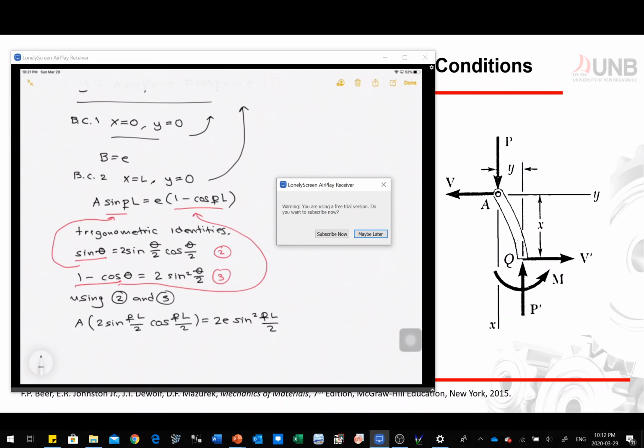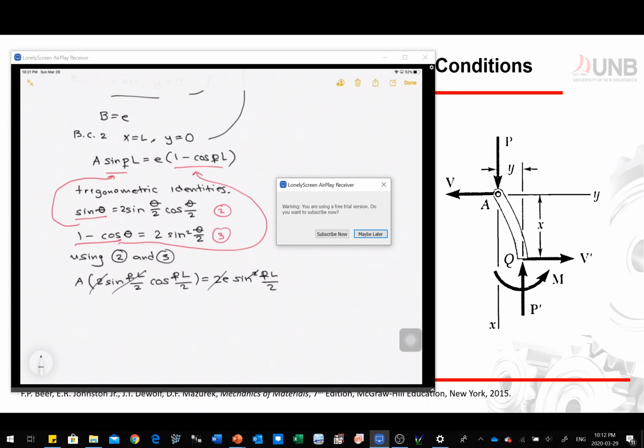If you check this equation right here, this one would cancel out here, and then this is going to cancel out as well. This becomes just sine, not sine squared, and eventually you will get this equation here: A is equal to E tangent pL divided by 2.